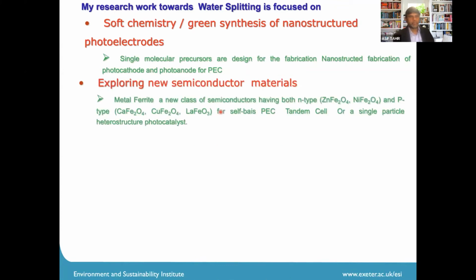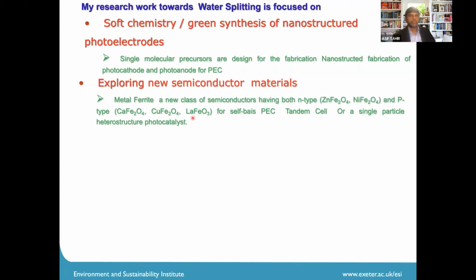The next area which we are looking to discover is metal ferrites. Metal ferrites are a new class of materials which have both N-type, which can act as oxygen evolution materials, and P-type, which can act as hydrogen evolution materials.